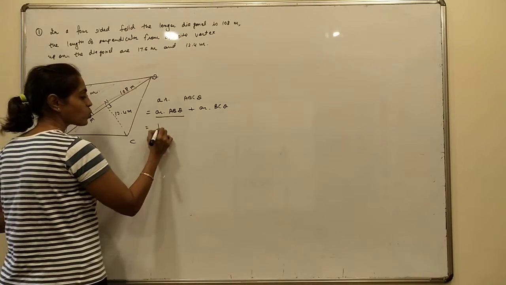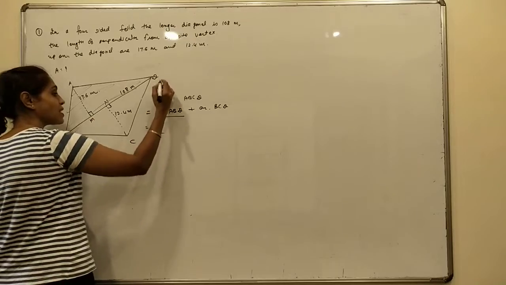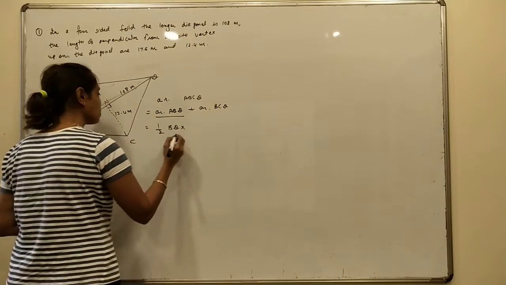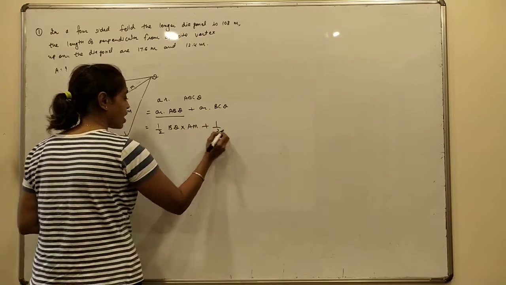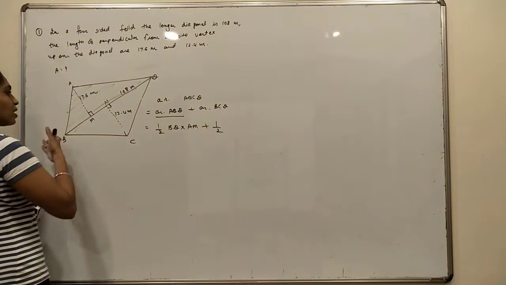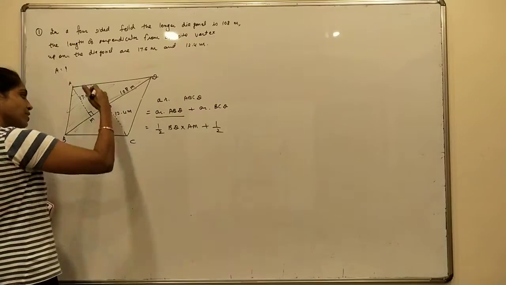Area of ABD is 1/2 of base BD and height AM. For the unshaded triangle, 1/2 of base BD and height CN.